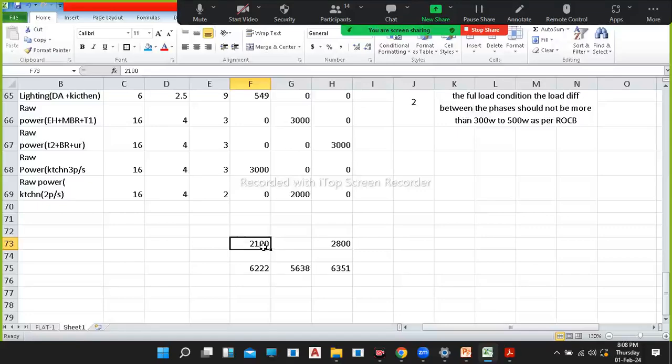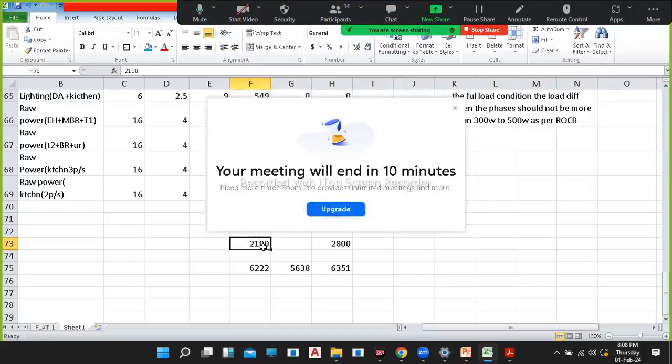According to that parameter, in the third phase where the load was less, I put two ACs of 1400, 14 plus 14 is 2800, and here I put one 2100. After doing this I got 6222 here, and here I got 6351 and 5638. Am I right or not?